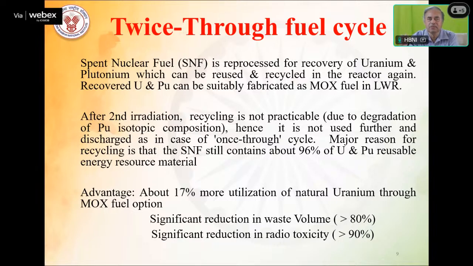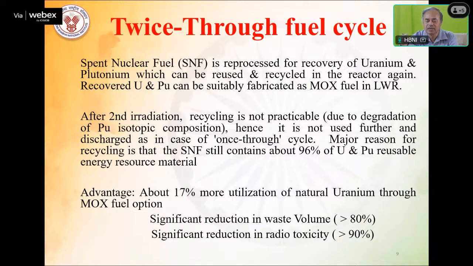Its isotopic composition, isotopic characteristics change so much that it is no more usable for nuclear reactor purposes. So it is not used further and discharged as in the case of once through cycle. So it is twice through fuel cycle. First was once through, this is twice through.